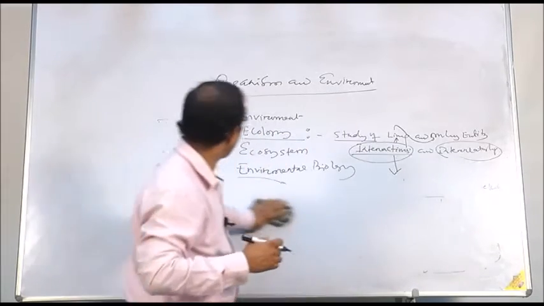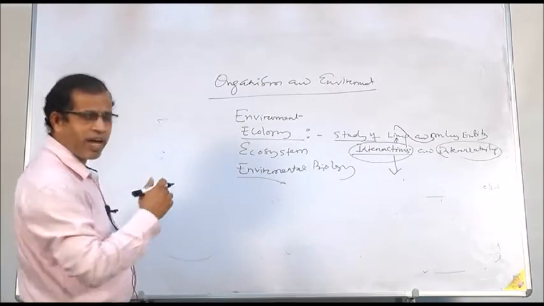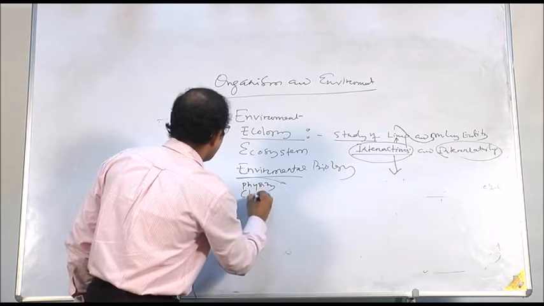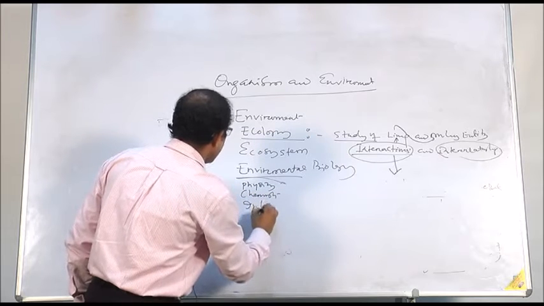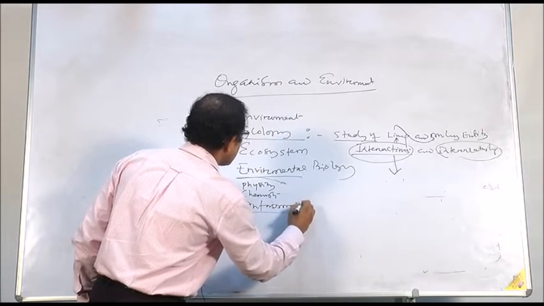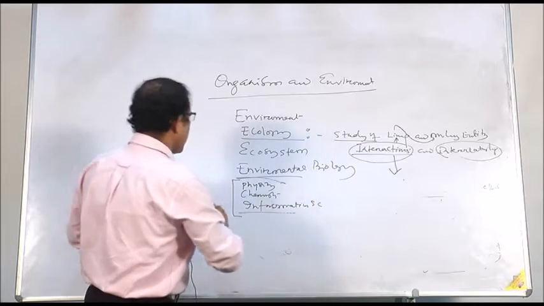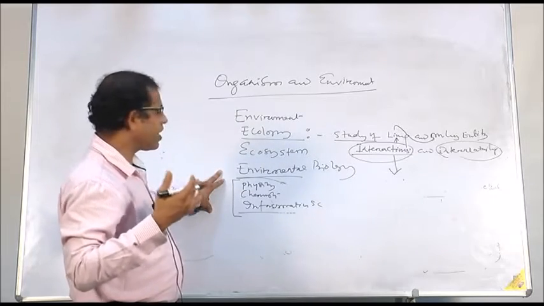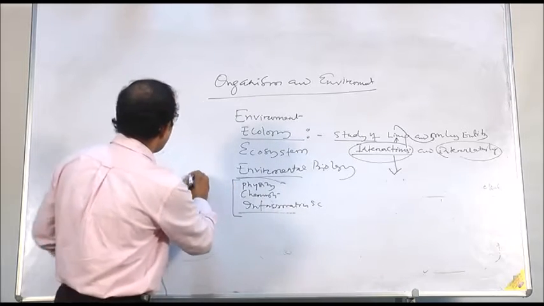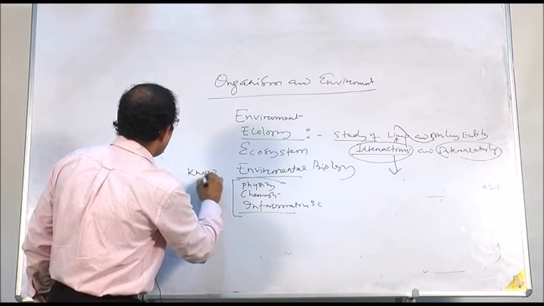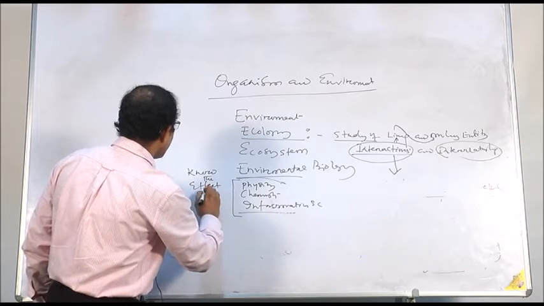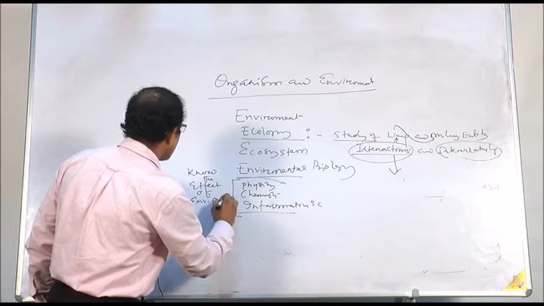Interdisciplinary science means that for environmental biology I will take the help of physics, chemistry, information science, all aspects of different branches of science, to study or to know the effect of the environment on the organisms.